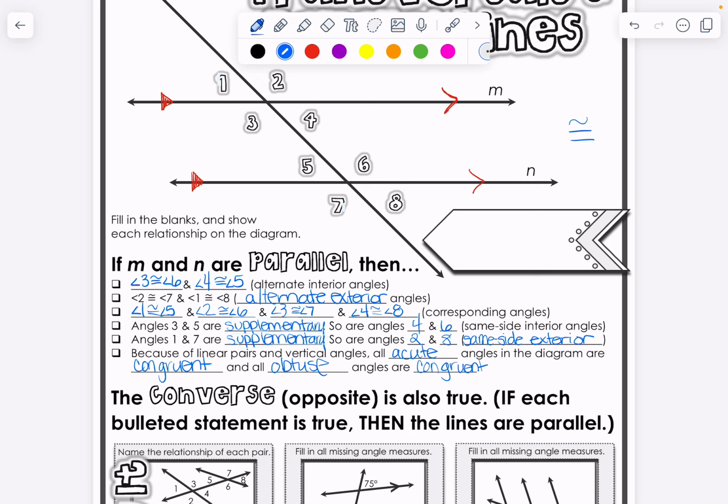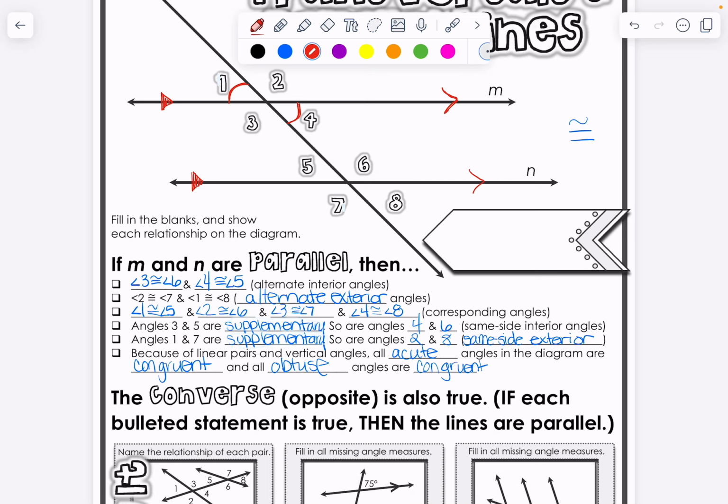How we can show that angles are congruent is by using a little arc. So I'm going to say that angle 1 is vertical to angle 4, so I know those two are congruent.